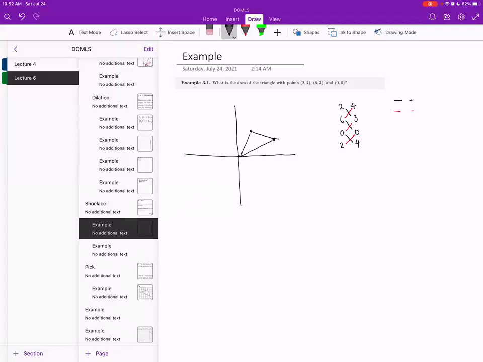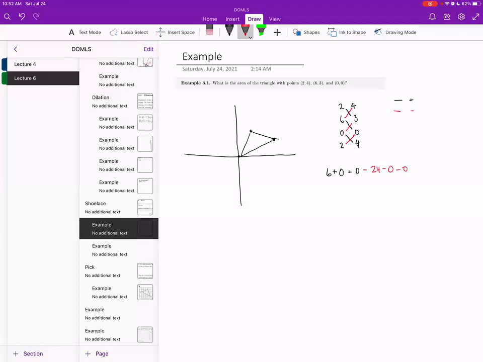So essentially, 2 times 3 is 6, plus 6 times 0 is 0, plus 0 times 4 is 0. Then we're going to start subtracting the ones that are connected by red lines. So 6 times 4 is 24, 0 times 3 is 0, and 2 times 0 is 0.